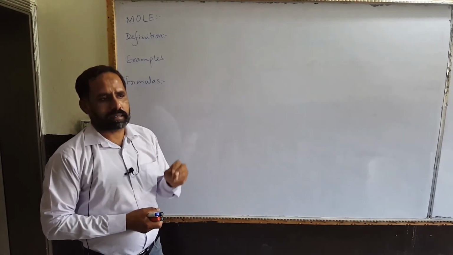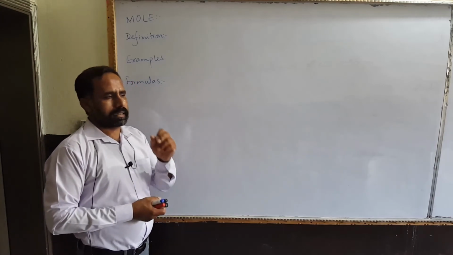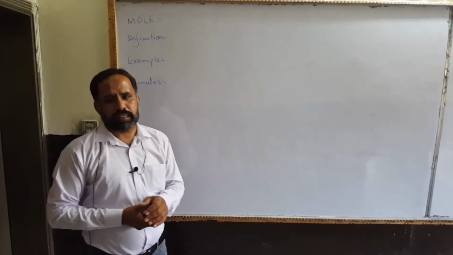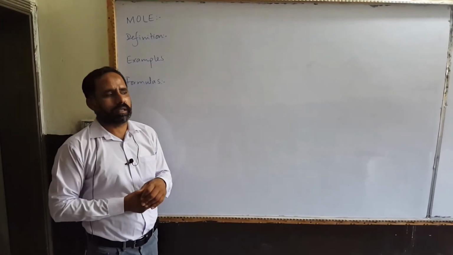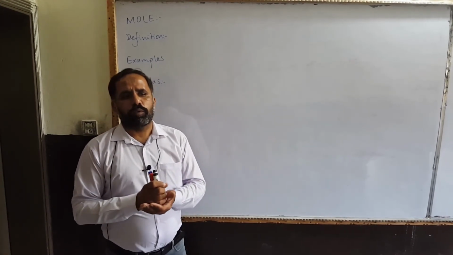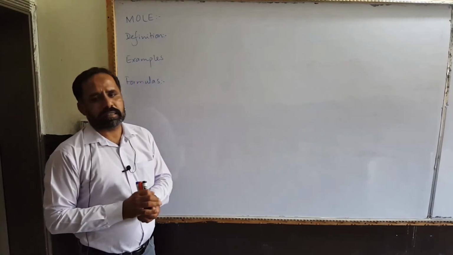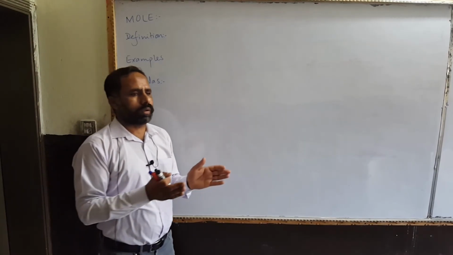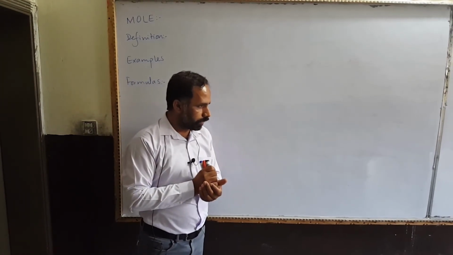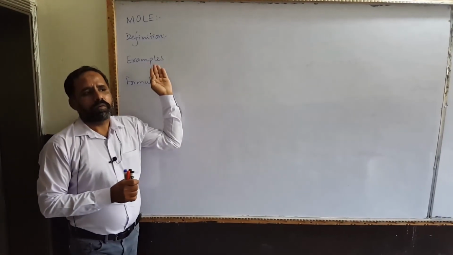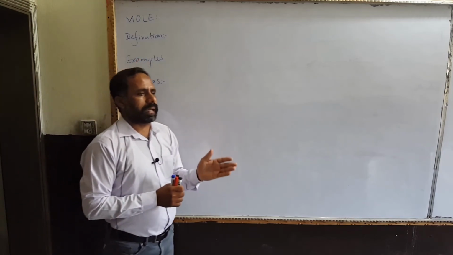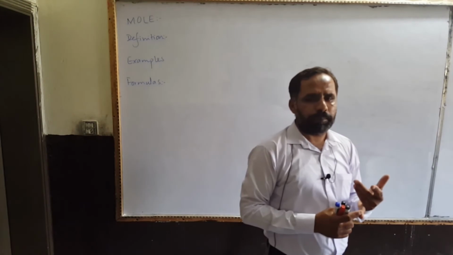First of all, we have discussed in the early classes at the SSC level, mole is the basic unit of a substance, the basic quantity to measure a substance. A mole is a quantity that contains 6.022 × 10^23 molecules, particles, atoms, ions, etc. If we define it properly, we can say that the atomic mass, formula mass or molecular mass of a substance expressed in gram is called a mole.